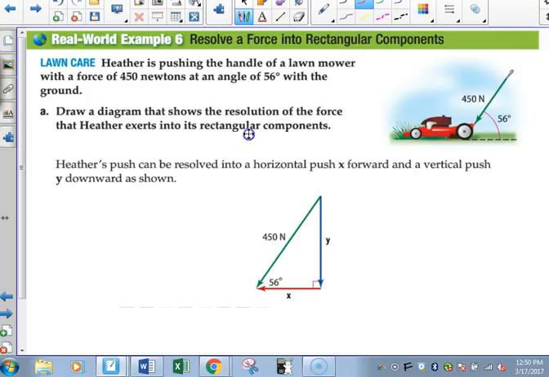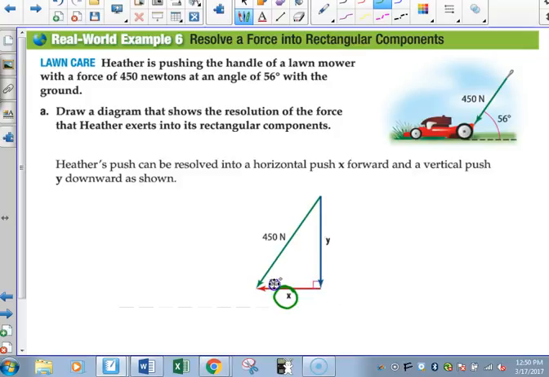So for this question, if Heather's pushing the handle of a lawnmower with a force of 450 newtons at an angle of 56 degrees with the ground, how would you find X? Someone tell me how you would find X. Okay, so right triangle, so we can use SOHCAHTOA trig.